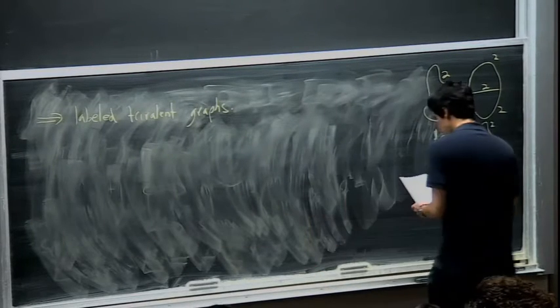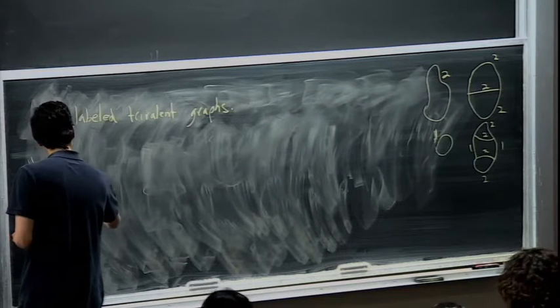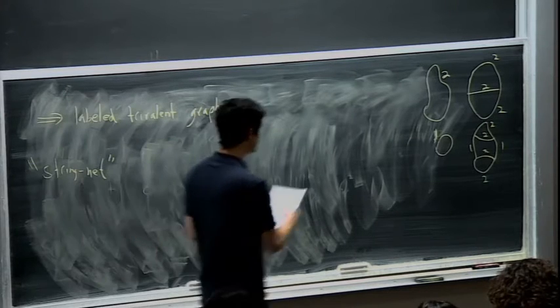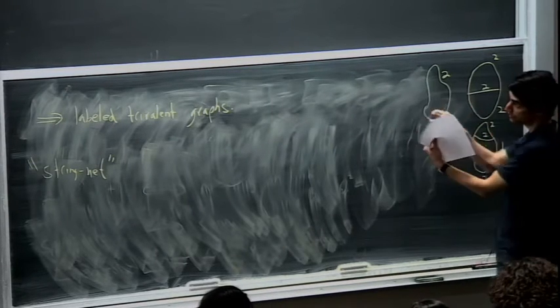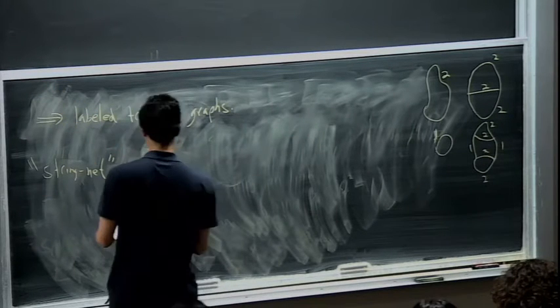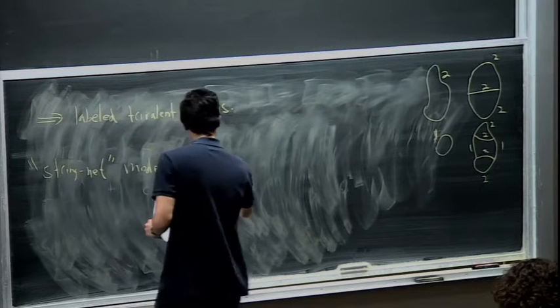So that's what a string net is. And a string net model, which is the kind of model we'll eventually talk about, is a quantum mechanical model that describes the dynamics of these string nets. Just like the Tor code, you could think of as a quantum mechanical model that describes the dynamics of strings. So this is a quantum mechanical model.